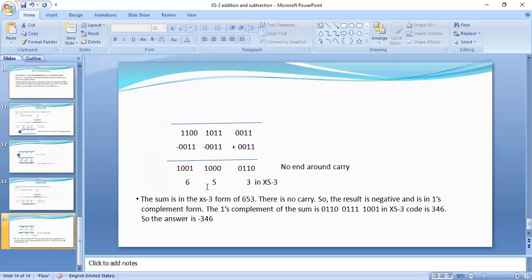For the decimal number, we find the 9s complement, which is minus 346. Or else you can find the 1s complement, or else you can find the 9s complement for the decimal number. Okay, so this is all about excess-3 addition and subtraction.